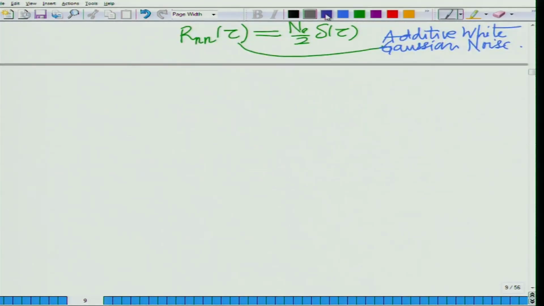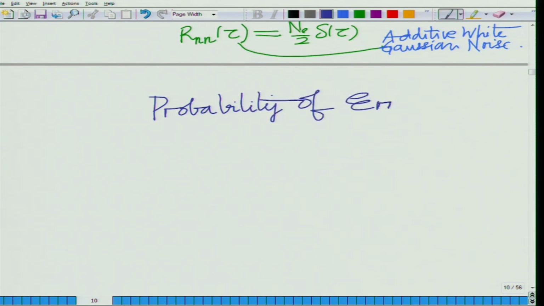Now, let us come to the discussion about the probability of error. This is going to be slightly interesting and different from what we have seen for BPSK and other modulation schemes. Because the modulation scheme is more complex, naturally the analysis is also going to be more complex. BPSK was still fairly simple.